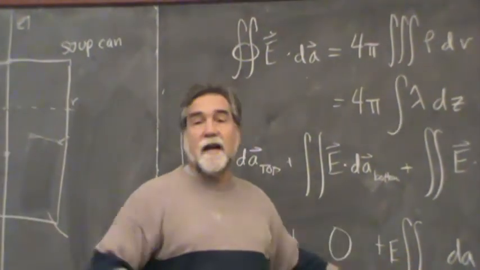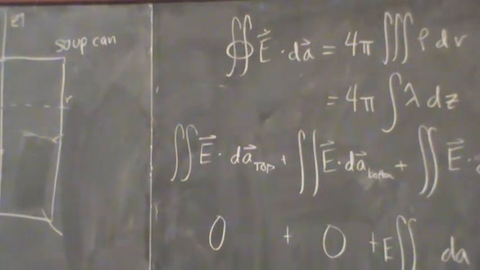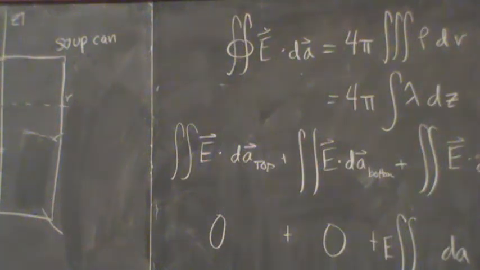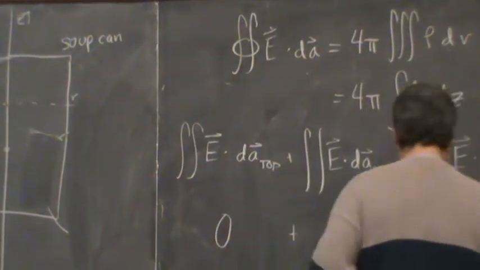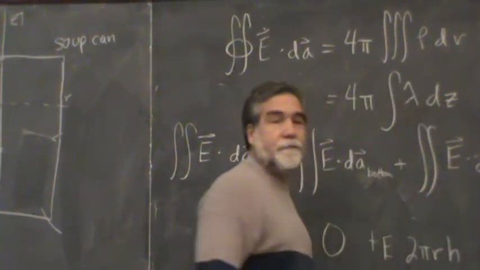So that's just the side area of my soup can, which I'll take to have height, let's call it h, and radius r. So that surface area is 2 pi r h.